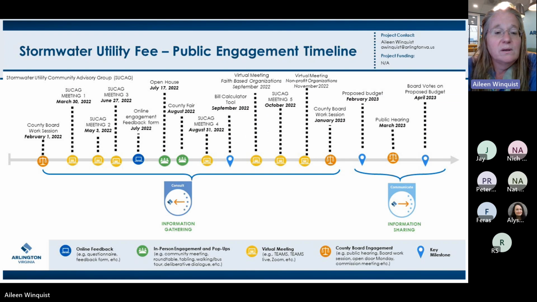So we did do a lot of engagement over the past year, a year and a half, and you can see here some of the engagement timeline. So we did have a stormwater utility advisory group that had members from a number of aspects of the community, and they provided a lot of really valuable feedback. We met with them throughout 2022.